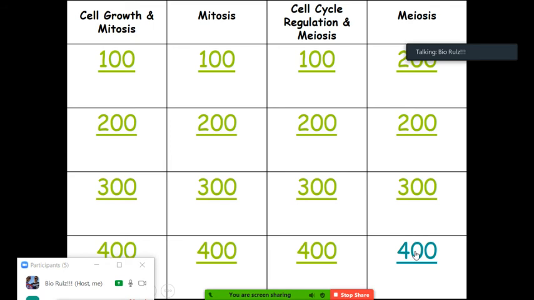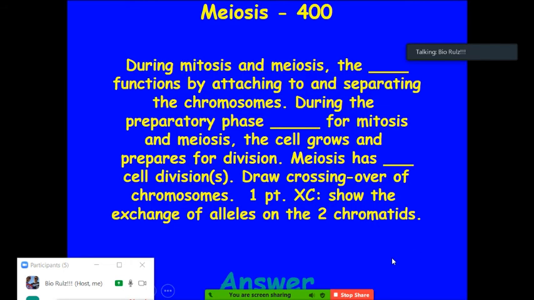Here we go. Last 4 questions. During mitosis and meiosis, the blank functions by attaching to and separating the chromosomes. During the preparatory phase, blank, for mitosis and meiosis, the cell grows and prepares for division.